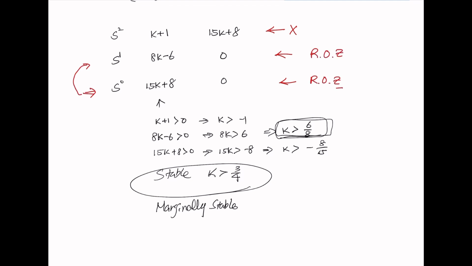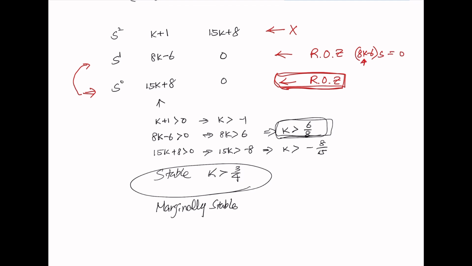Let's say we're going to use this s⁰ row as a row of 0. That means we need to go up by one row and use the auxiliary equation. However, if we do that, the auxiliary equation is going to be (8K - 6)s = 0.